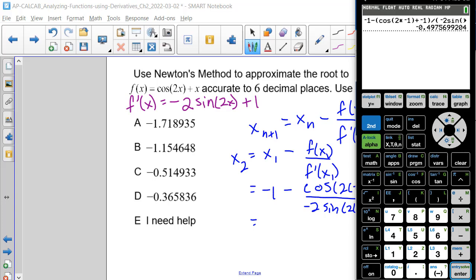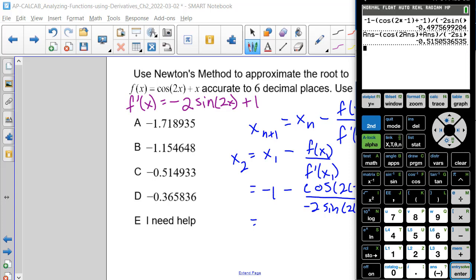So it's going to be answer minus, open parenthesis, cosine of 2 times the answer, and then plus the answer, close parenthesis, divided by, open the other parenthesis, -2 times the sine of 2 times the answer, and then plus 1, close parenthesis, equals.